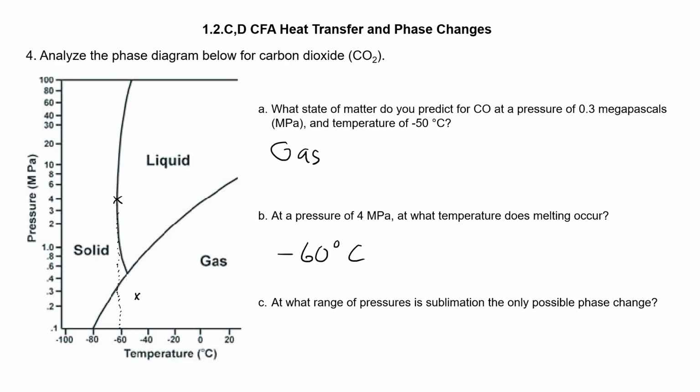At what range of pressures is sublimation the only possible phase change? Remember, sublimation is when a solid transitions to a gas. That occurs along this entire line right here. I'm just going to circle this segment, and we want to know what pressure that is.